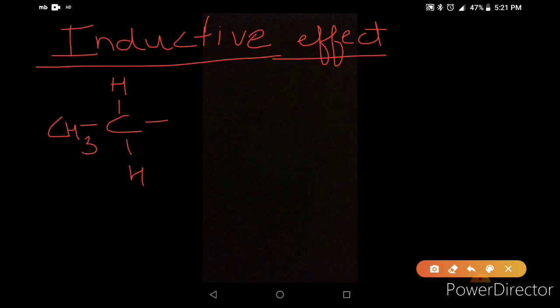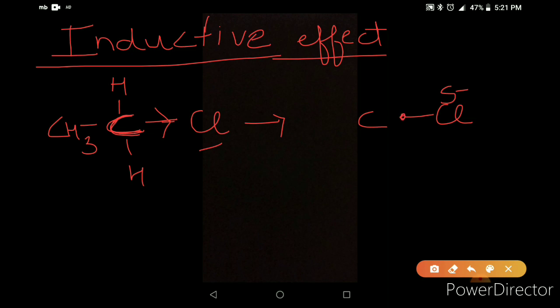But sometimes if some heteroatom is also present, and that heteroatom is electronegative, then that electronegative heteroatom will attract the shared pair of electrons from electropositive carbon, making the electronegative atom partially negative.